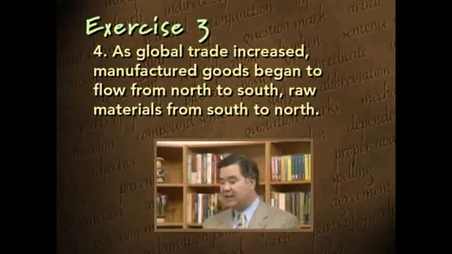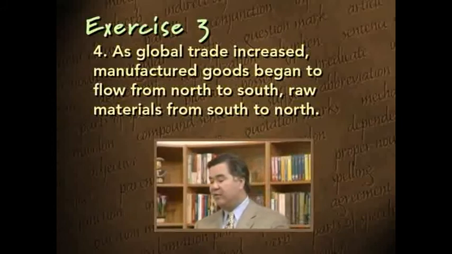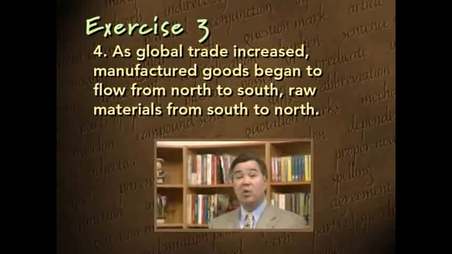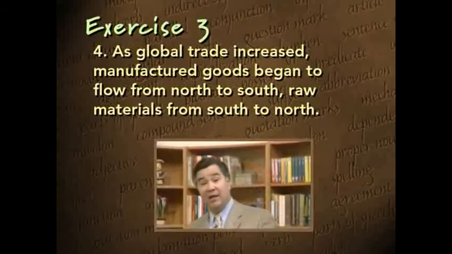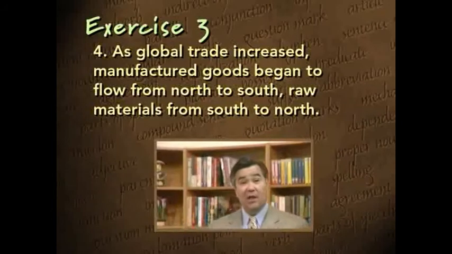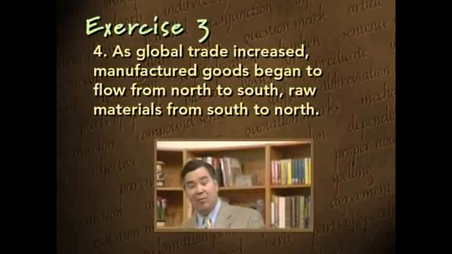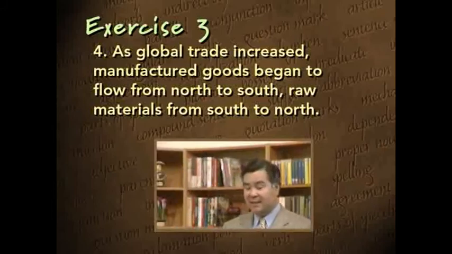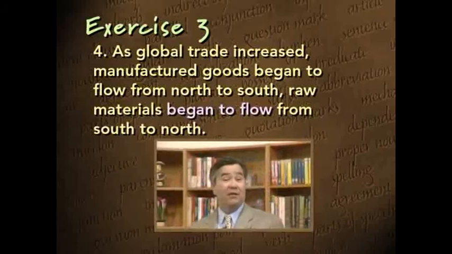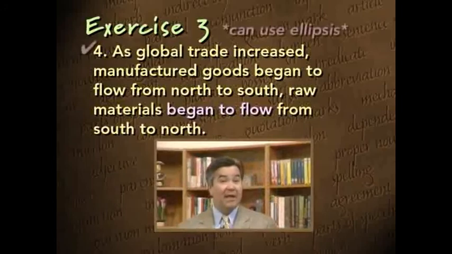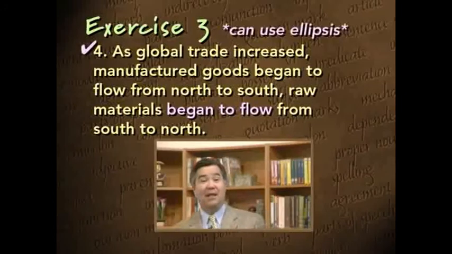The first clause says, manufactured goods began to flow from north to south. Those words began to flow are omitted from the second clause. When we insert those exact same words in the second clause, does it make sense? Raw materials began to flow from south to north. Yes, it does. So this passes the ellipsis rule.